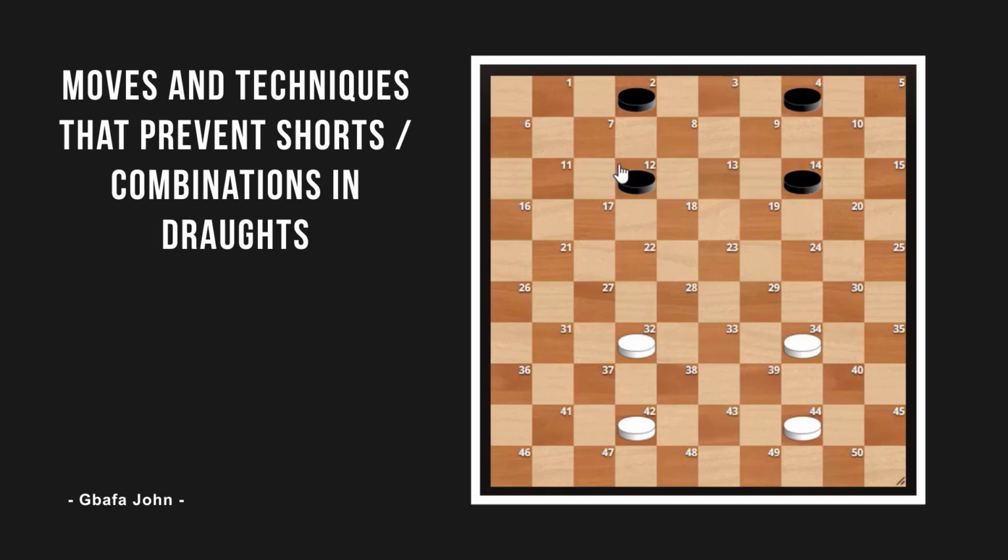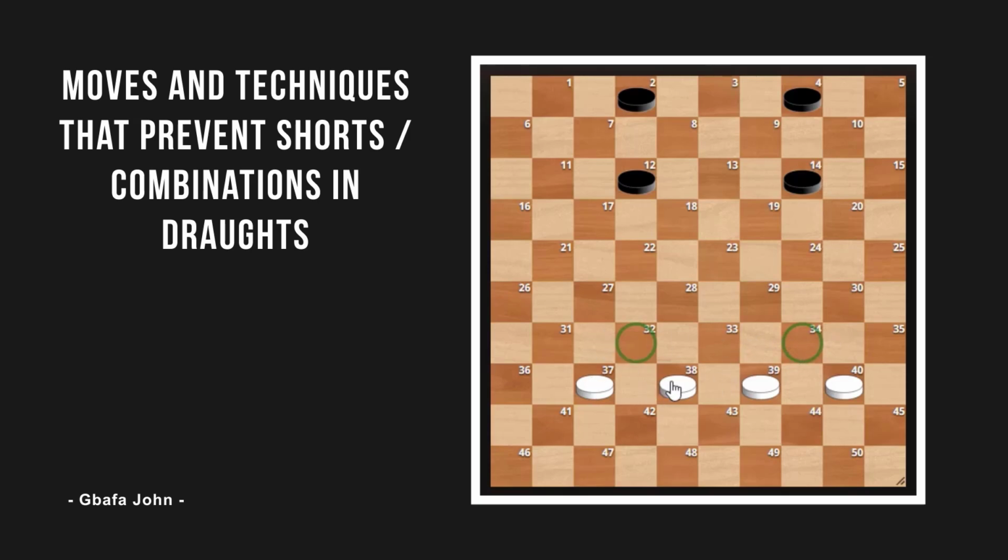So this can occur in any position of the game. Let's say black has a piece at 12 and then 14 and you have no piece at 32 and 34, this makes your position slightly weak. Your opponent can take advantage of the weakness in your position. Because white doesn't have a piece at 32 and then 34, it makes your position vulnerable.